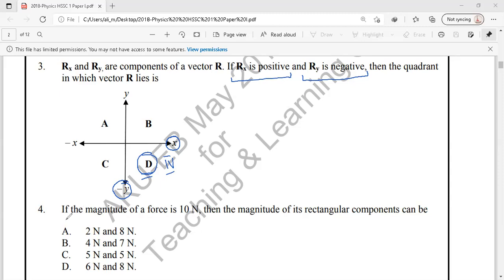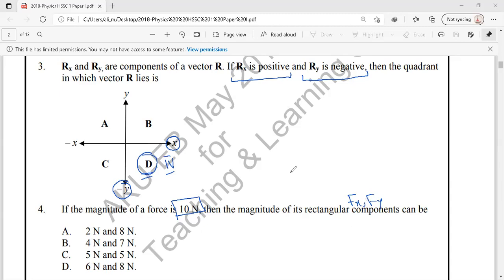Now let's see question number 4. If the magnitude of the force is 10 Newton, and the magnitude of its rectangular components fx and fy, so हमें fx और fy इन दोनों components को identify करना है that make a vector of magnitude 10 units.